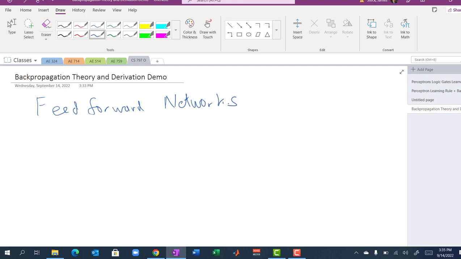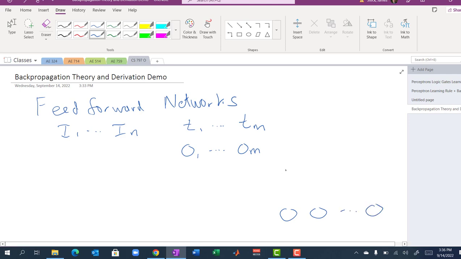And they have training pairs, so we're given a training pair with inputs I1 to I sub n, and then there are targets T1 through T sub m, and we calculate outputs of the network corresponding to that, O1 through O sub m. So the network has this feed-forward structure, some hidden neurons. I'm only drawing one layer, but we could have multiple layers of hidden neurons. In fact, let's just go ahead and draw that.